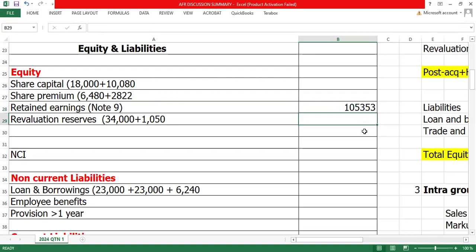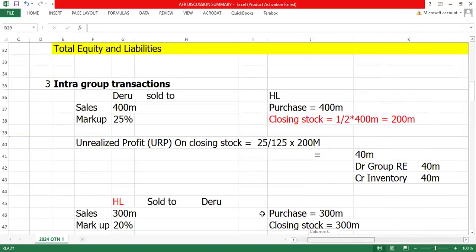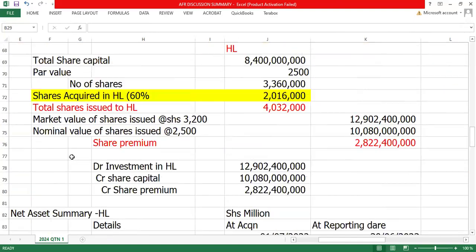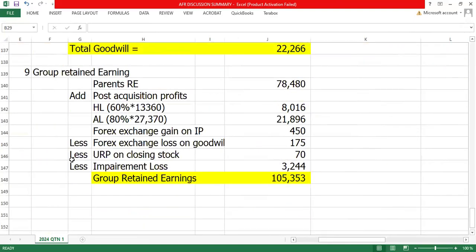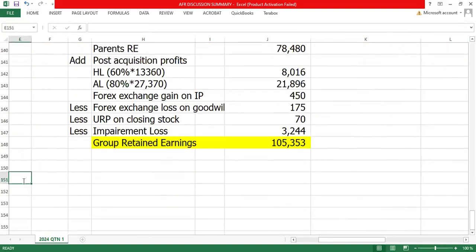Yes. Finally, the last note is on NCI. Note number 10, the NCI. So as you look at NCI, you start with the HL. You first handle HL. What do you start with?